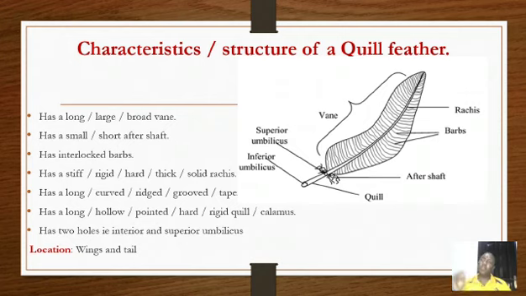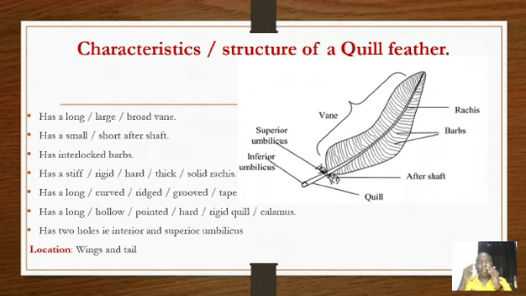Then moving forward to the upper part, it has a part which we are calling the vein. That whole part above the quill is called the vein. Now the vein, in the middle of the vein, is a structure which is continuous to the quill, and that structure tapers towards the tip.